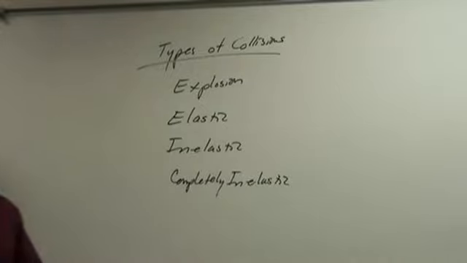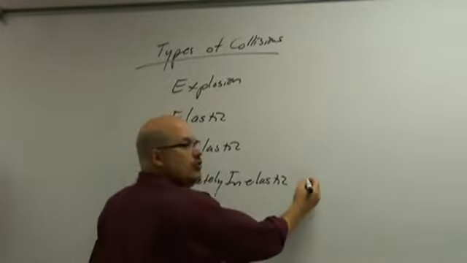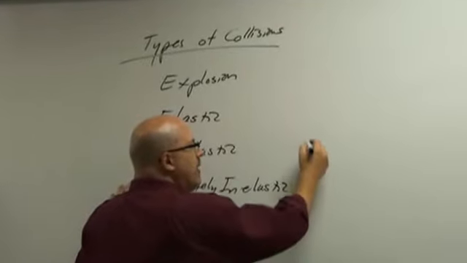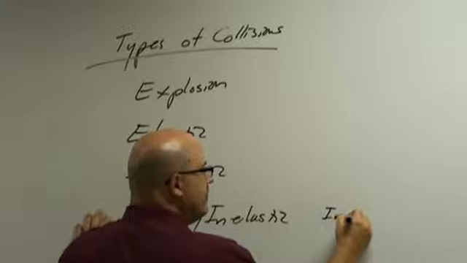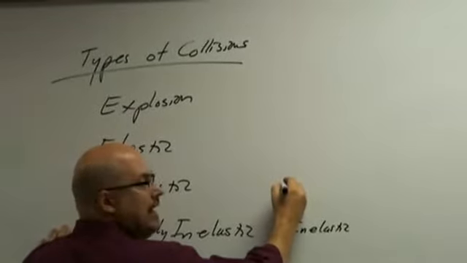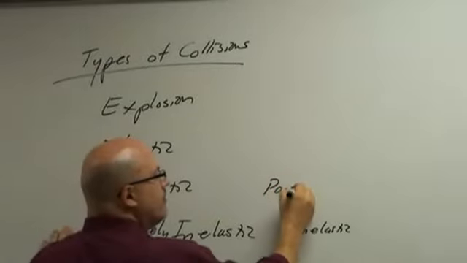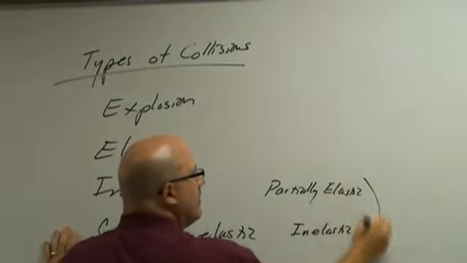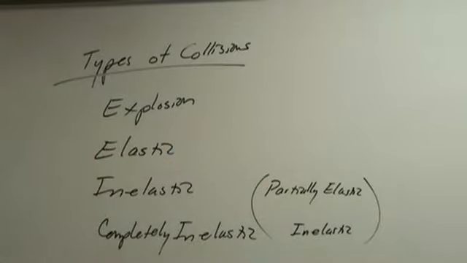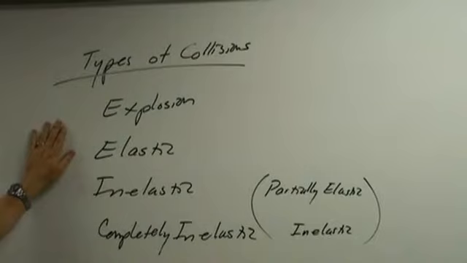Now, there are some books that will word these slightly differently. Sometimes books will call this one inelastic, and sometimes they'll call this one partially elastic. Okay? When I describe them, hopefully it'll make sense.